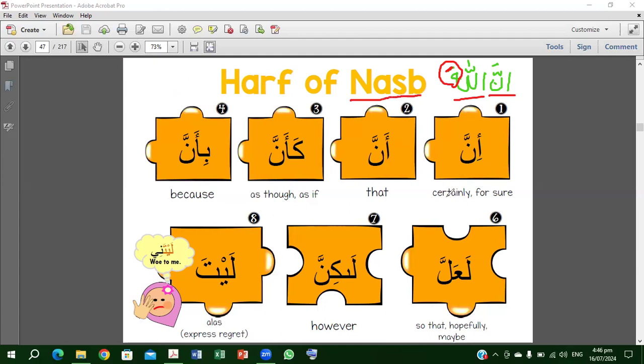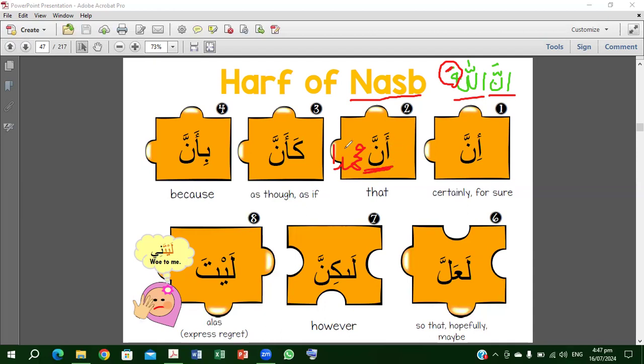So inna means surely, certainly, okay, for sure. Anna means that. Anna Allah, that also. Ashhadu anna Muhammadan, right? You say Muhammadan. Ashhadu anna, our kalima, right? What we say, kalima shahadat. Ashhadu anna, this word comes there.